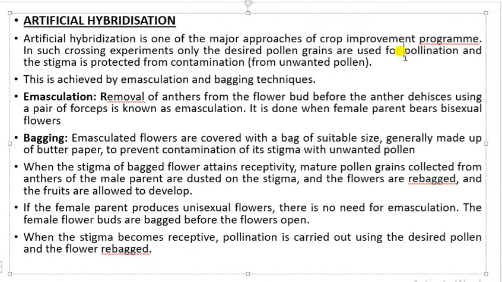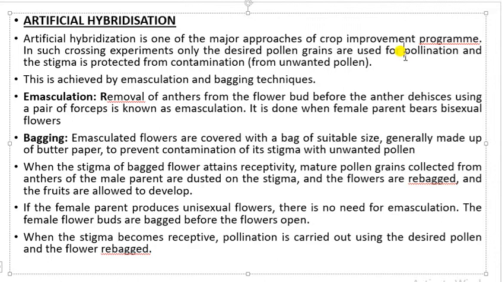The other technique is known as the bagging technique. Now emasculated flowers, meaning the flowers from which the anthers have been removed, are covered with a bag of suitable size made up of butter paper. So using butter paper, we will cover the flower so that it is prevented from any kind of contamination from unwanted pollens, and the stigma can be protected.